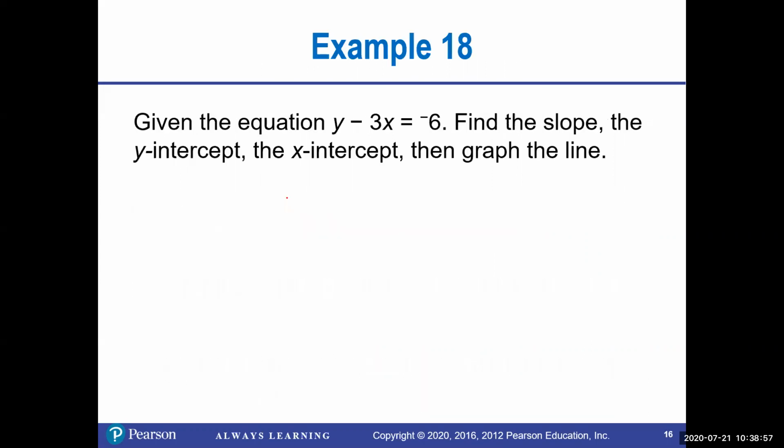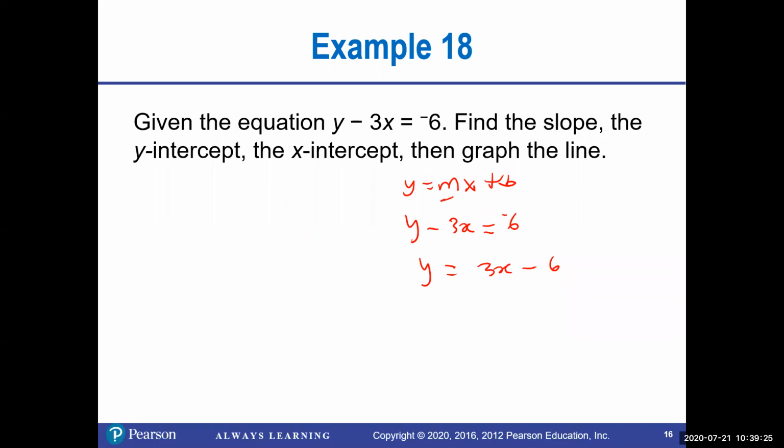Nice. Okay, so given the equation y minus 3x is equal to minus 6, we want to find the slope. All you need to do is rewrite this in the form y is equal to mx plus b. So you have y minus 3x is equal to minus 6, and you rewrite that, and this will be y is equal to 3x minus 6.